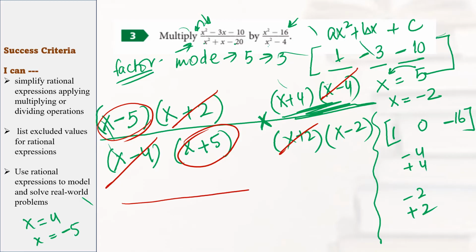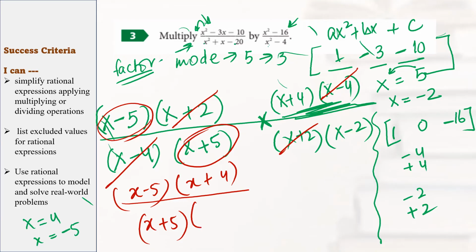So on the top, x minus 5 and x plus 4 are left, and in the denominator, x plus 5 and x minus 2 are left. So just put an equal sign because this is the continuity of the expression. So this is our final answer.